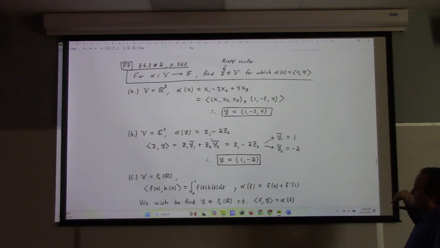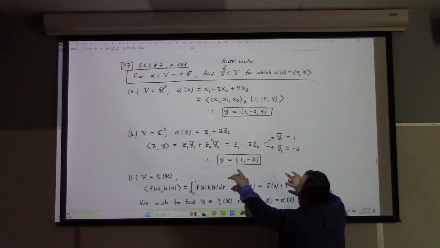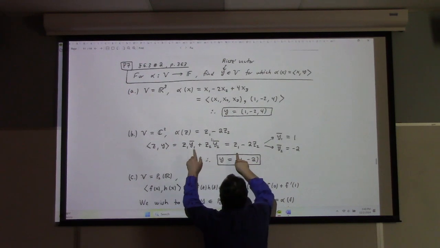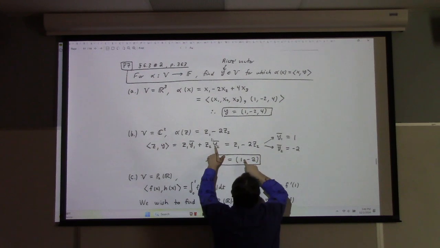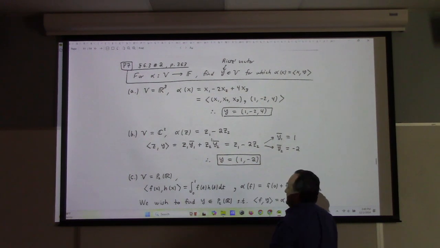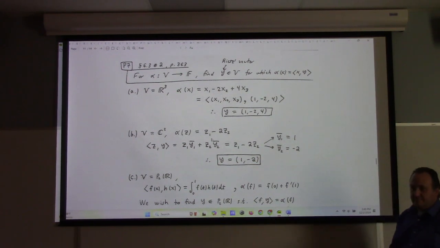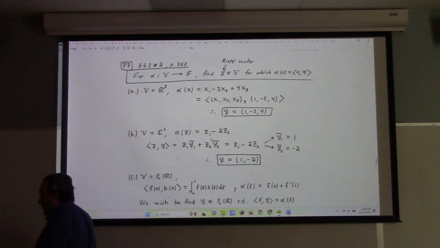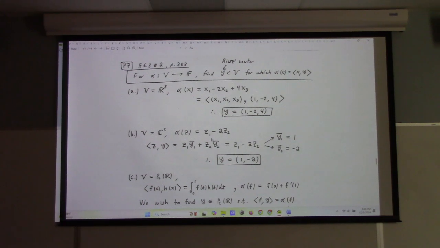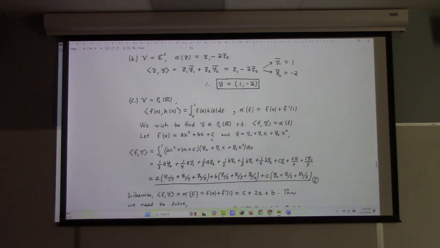So again, I can just look at it. I'm trying to solve this equals that, so I'm just equating coefficients of z1, right? So I get y1 bar equal to 1 and y2 bar equal to minus 2. I'm starting to show you a calculational method, right? Then I got to this problem. Whoa. Like, what just happened to me?